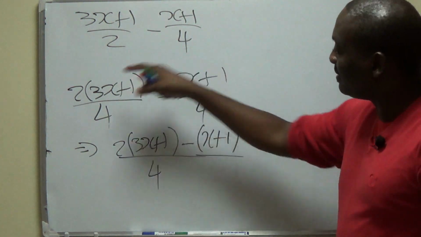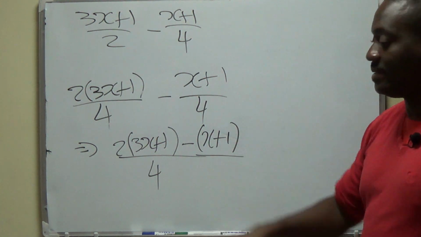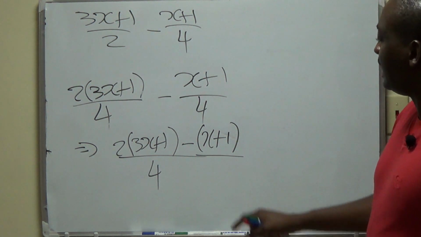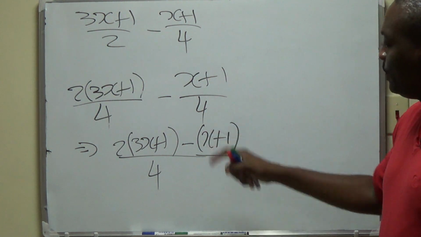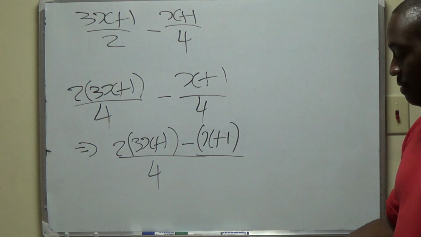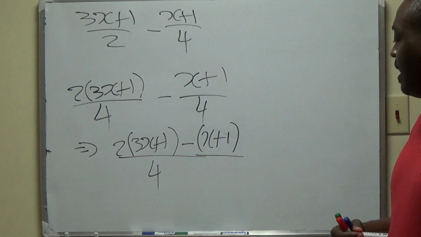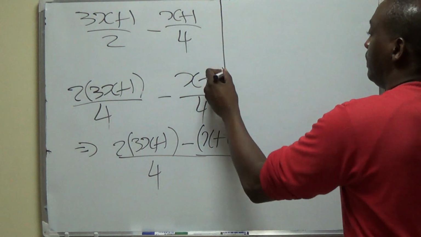And then having gotten to this point, you have a next batch of people now that would miss here. And what they will do, they will put minus x plus 1 without the brackets, right? So that what you're supposed to have here would be, and I'm going on top now, right?